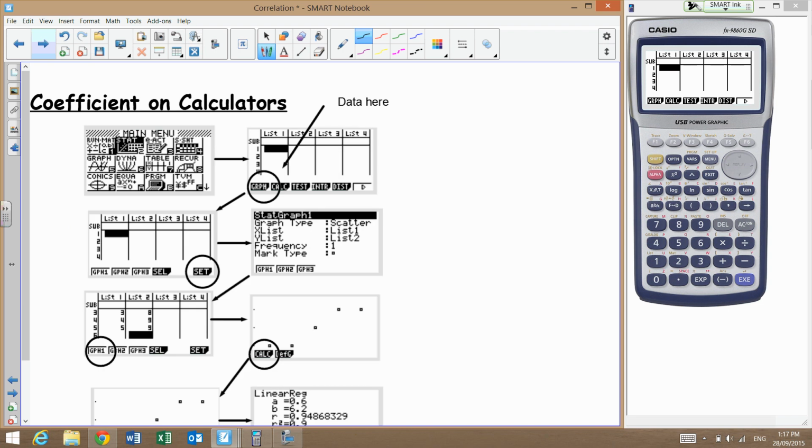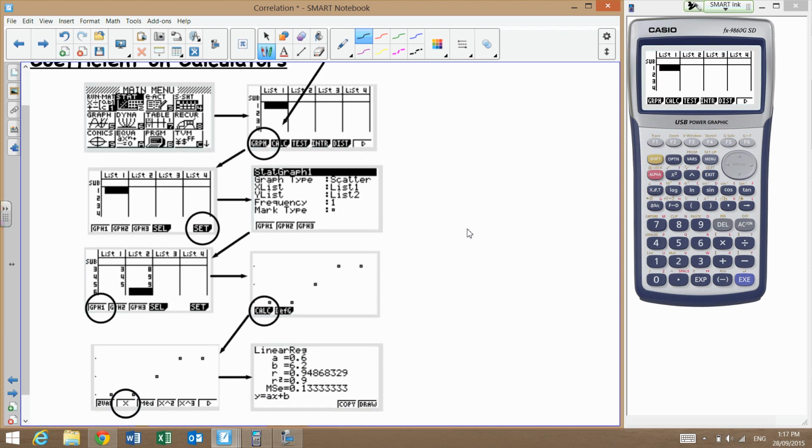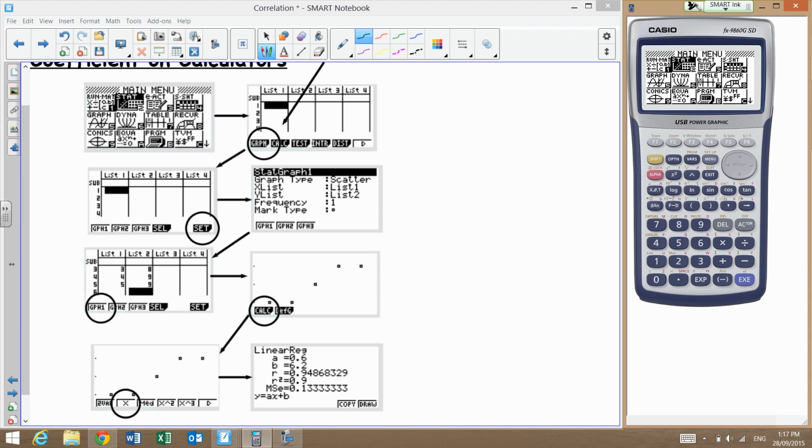So how to calculate the R value, we need to use the calculator. We go through using our statistics function. We're going to graph, and then we'll graph our data. Now I've got a dimension error because there's no data there.